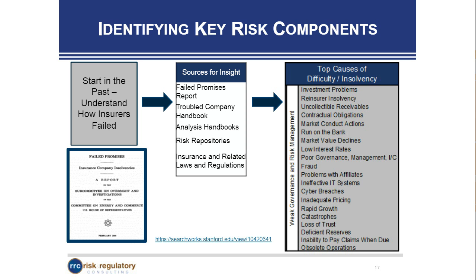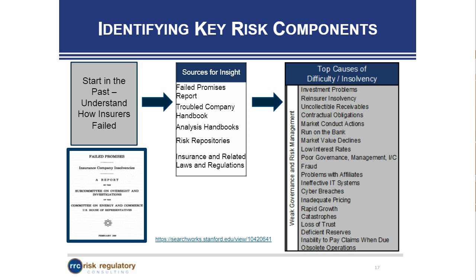And so when you think about those in total, if you look at the white box that's embedded on the left-hand side big box, it talks about weak governance and risk management processes.